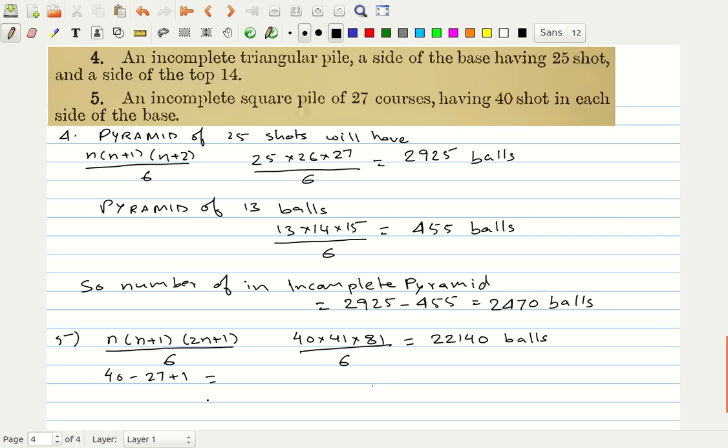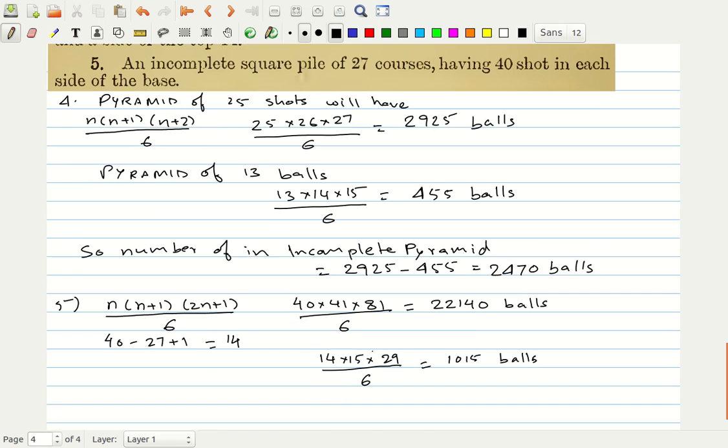So number of balls in a pyramid of 14 balls will be 14 times 15 times 29 divided by 6, and this is equal to 1015 balls.